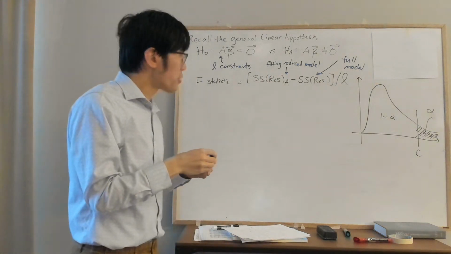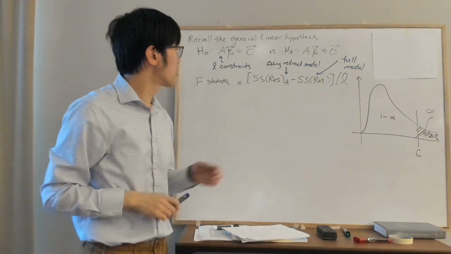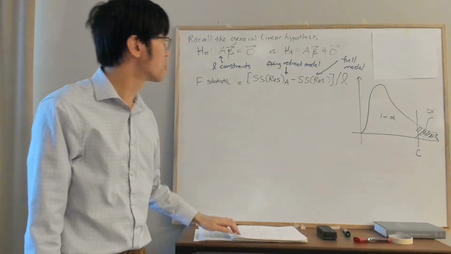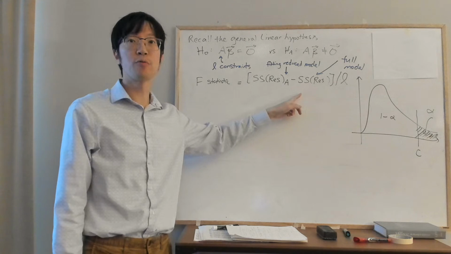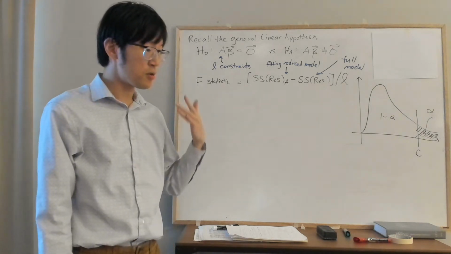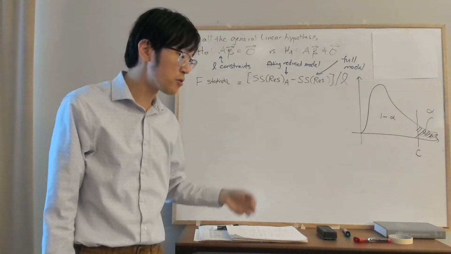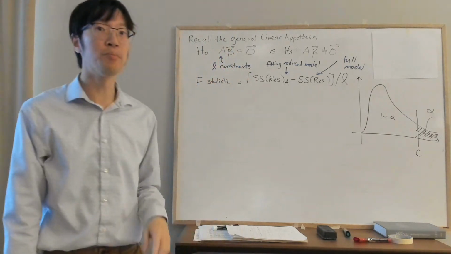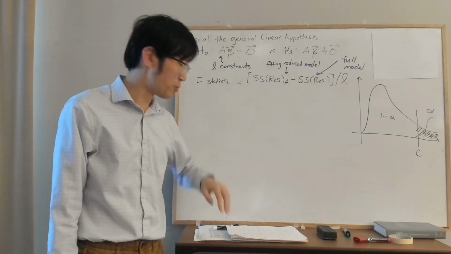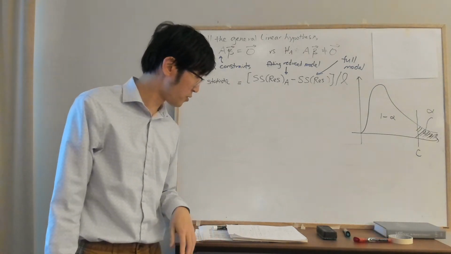Also useful to remember is that when you add predictors to a regression model, the sum of squares residual can only go down. In other words, the sum of squares regression, or the R squared, can only increase, according to our geometric argument from the Pythagoras theorem last time.